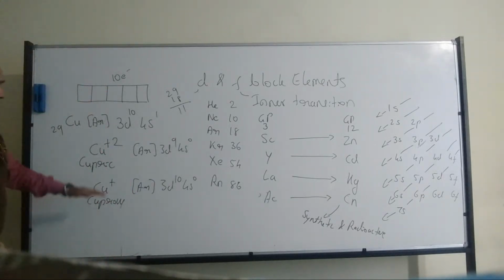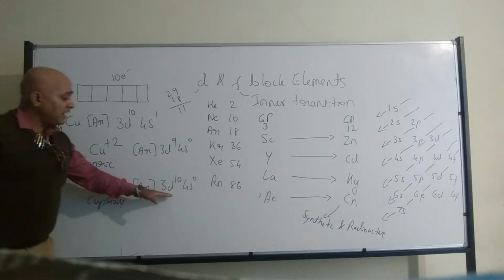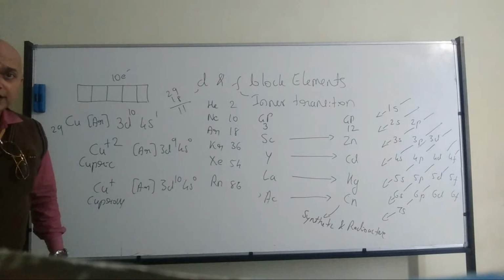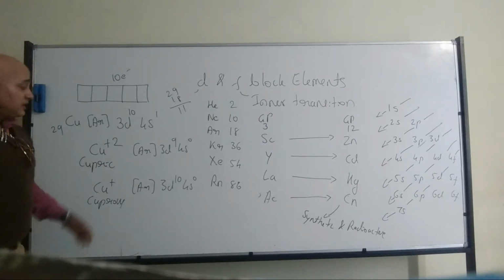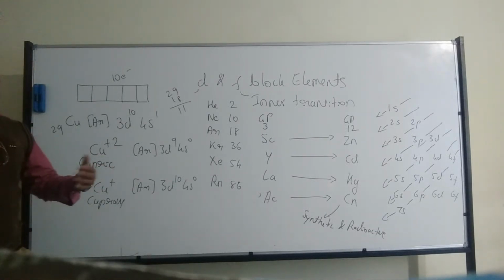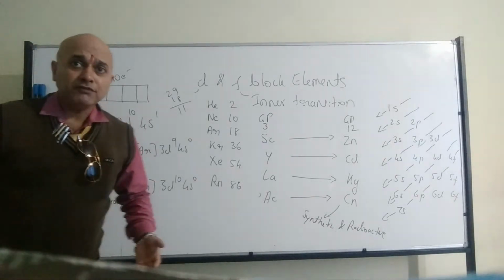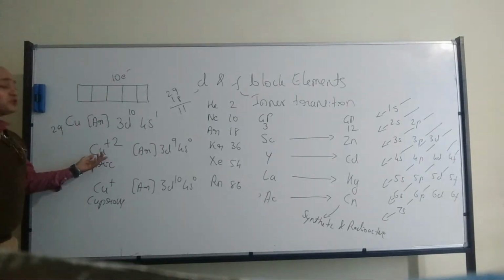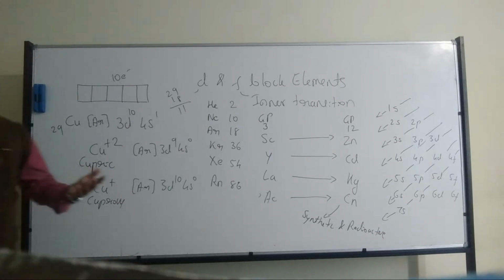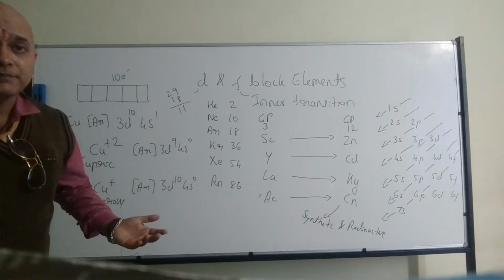Yes, if I compare cuprous and cupric, no doubt, cuprous will have the stable electronic configuration, but still cupric will be more stable in the solution. Cupric will be more stable in the solution, because of the higher hydration enthalpy. Right?